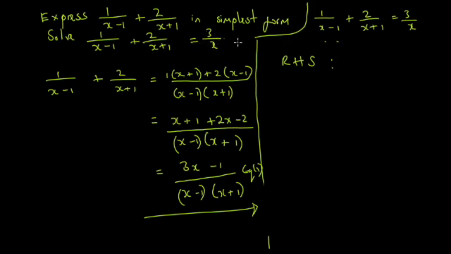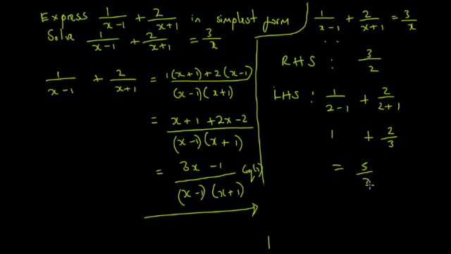So you can say right hand side, it'd be 3 over 2 here. That means you've put 2 on x. So the left hand side would be 1 over 2 minus 1 plus 2 over 2 plus 1 here. So you'd actually get 1 plus, then this one is 2 over 3, which is equal to 5 over 3.